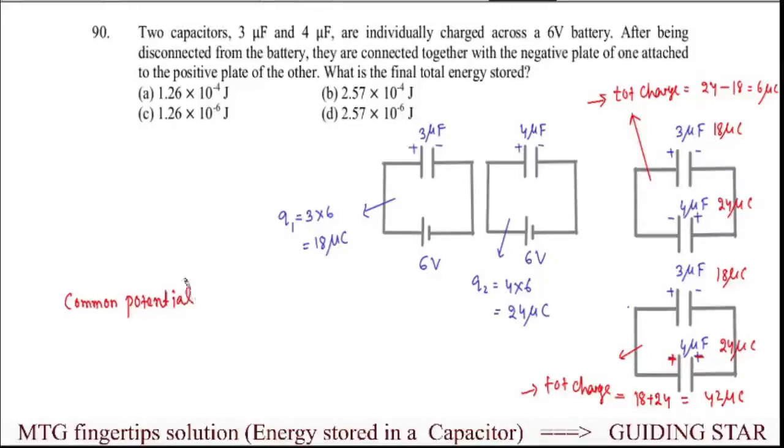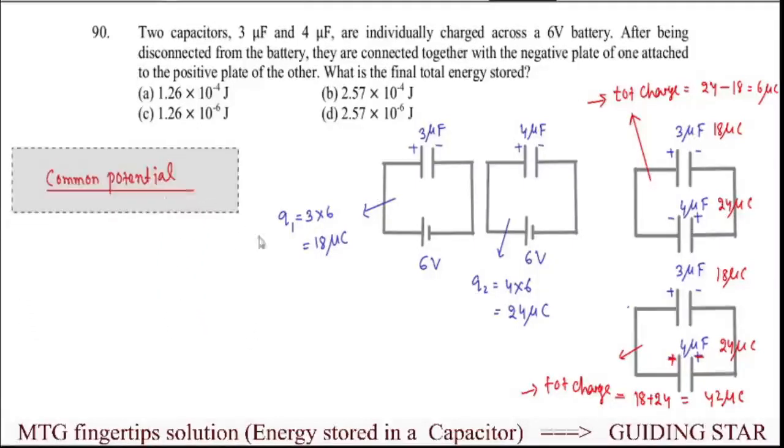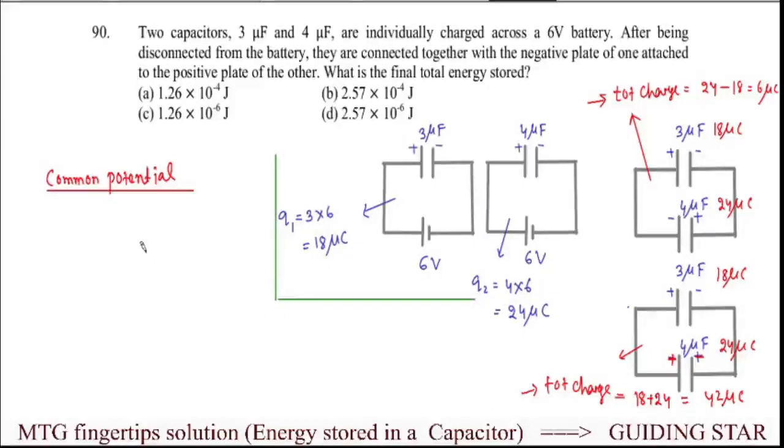So how will you calculate the common potential over here? Let the common potential be V. It will be nothing but total charge upon total capacitance.